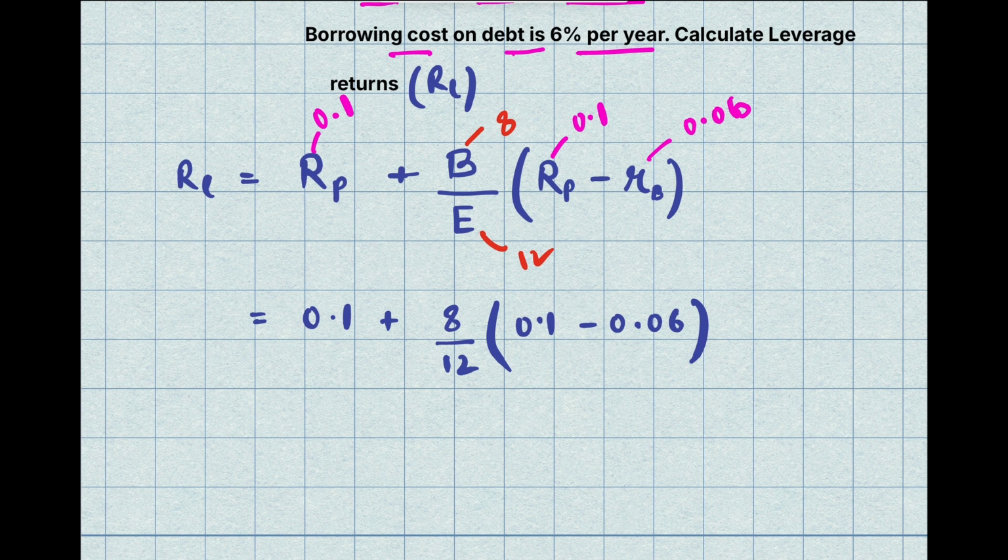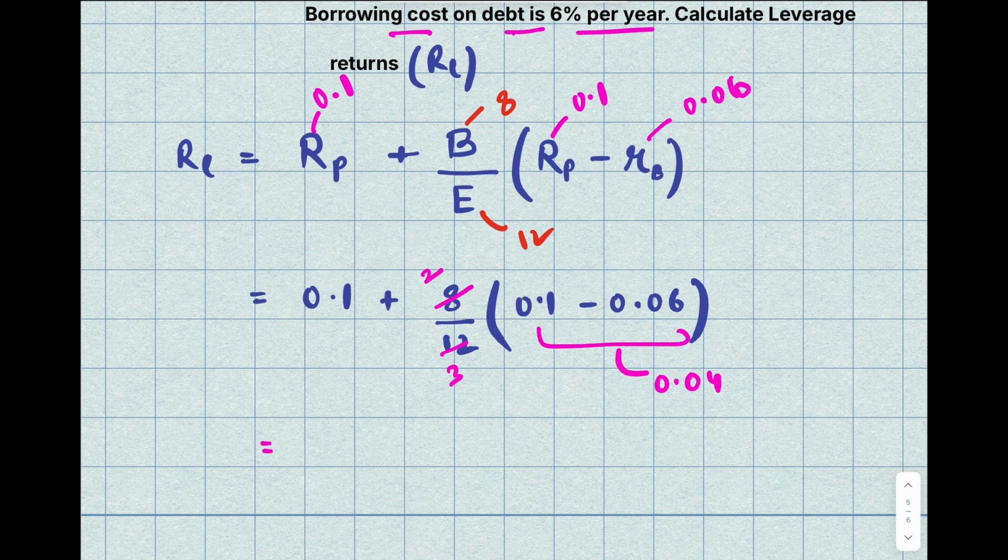So this would be 0.1 minus 0.06. This entire thing would be 0.04.